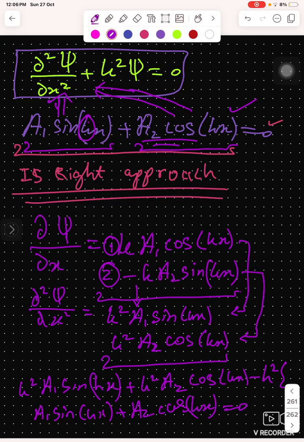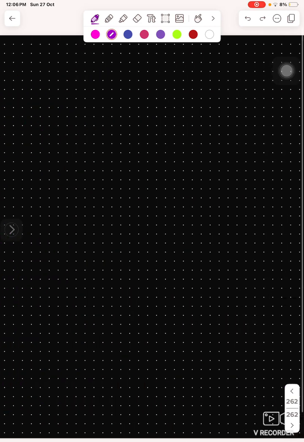If I distribute k into both, the minus also carries through. So this cancels, this cancels, hence proven, this equals 0. So it's correct, we can use this equation.